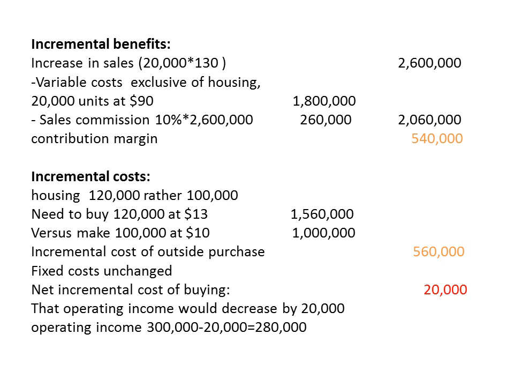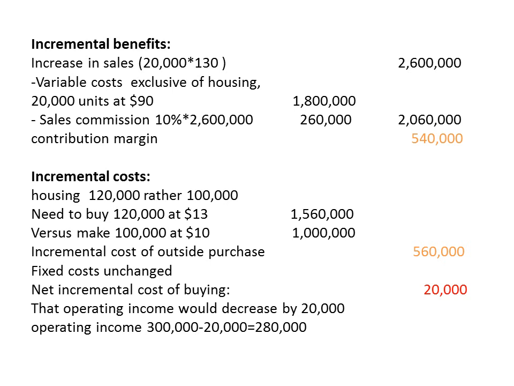Okay, so I have the total incremental cost of 560,000 and the total incremental benefit of 540,000. Okay, incremental cost here is more than the incremental benefit by $20,000.